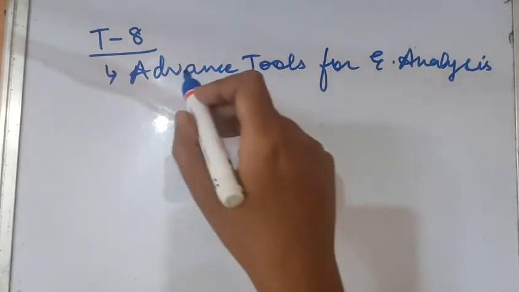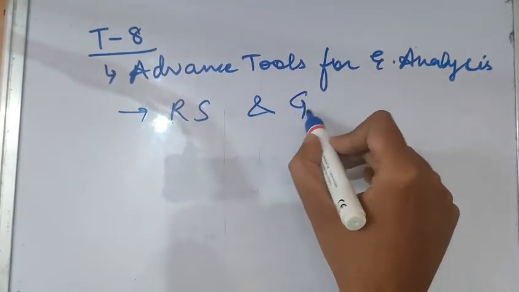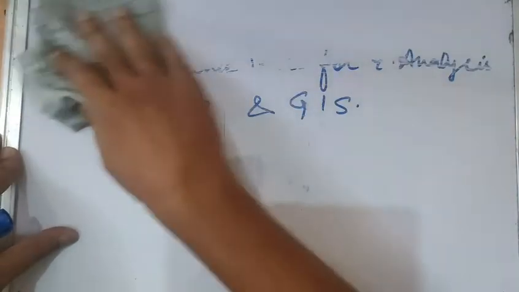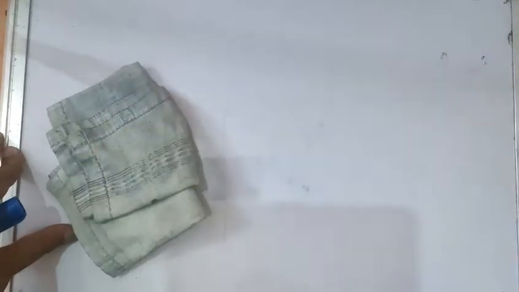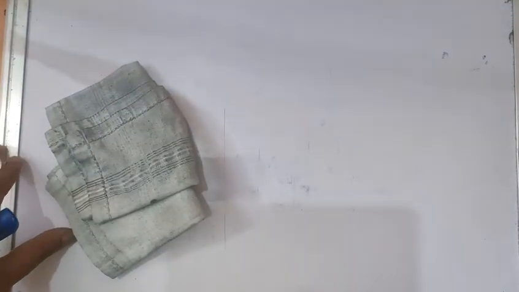Which tools we have to discuss? That is remote sensing and GIS. So this is the topic for today. First of all, we are going to discuss what is remote sensing.